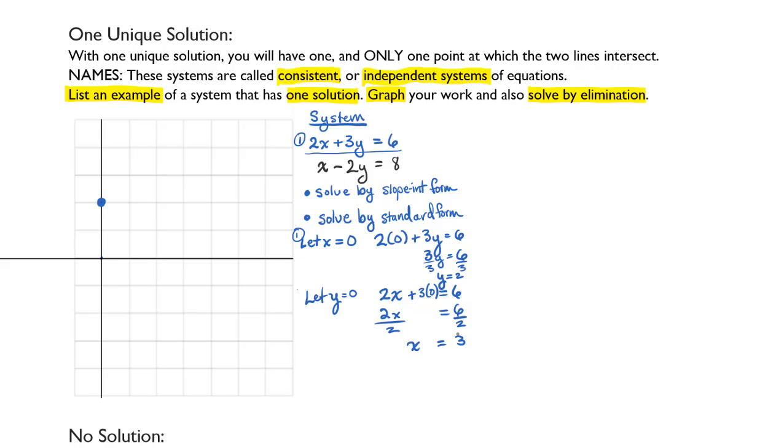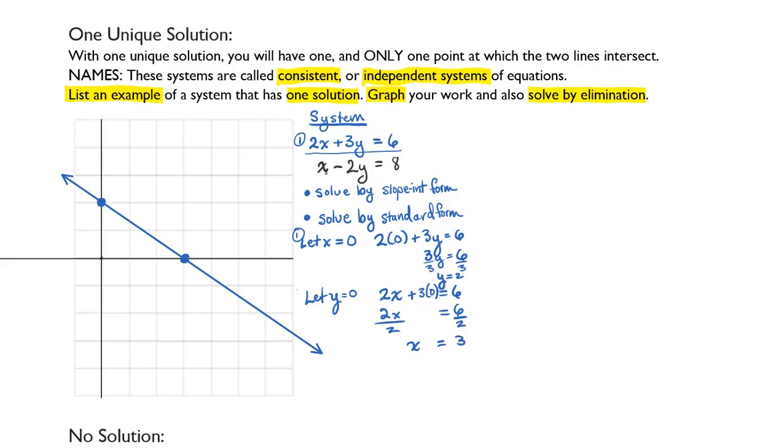So for the other intersection with the x-axis, I'll have 3, 0. And then I can draw a line through both of those points. And I'm also going to extend it out just a little bit further so that we can be sure that it will intersect the other line that we're going to graph next.